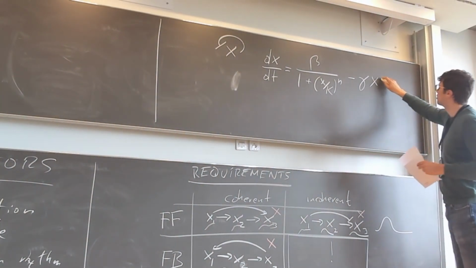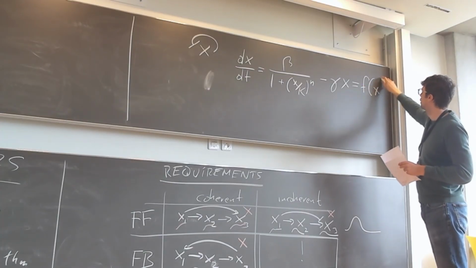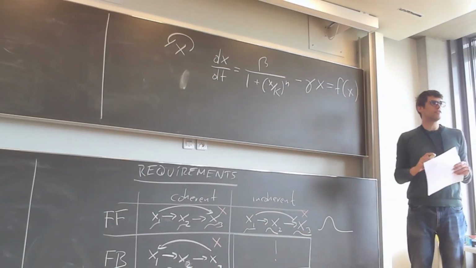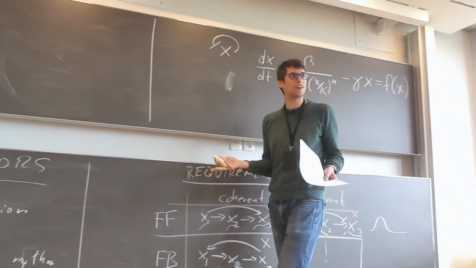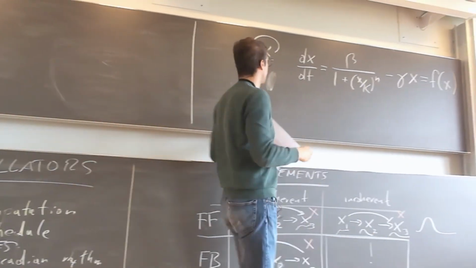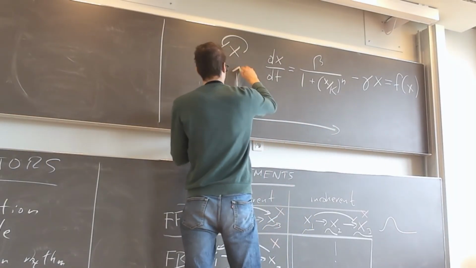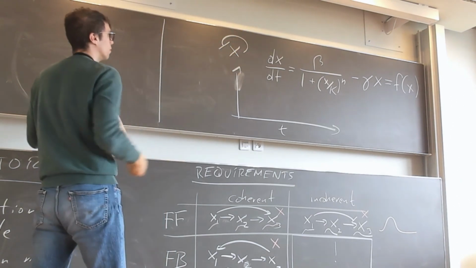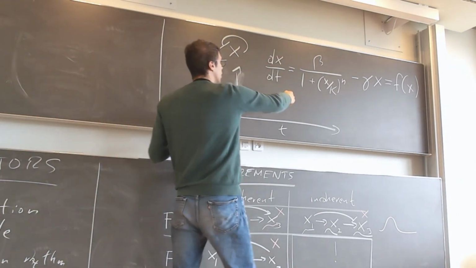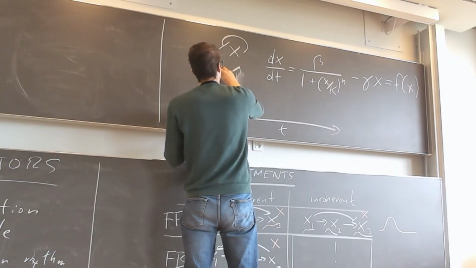Maybe it would make it easier if I generalize the problem. Let's put any function f here. Of course, this already suggests that it's impossible because it doesn't even matter what the function is. Let's say this is time. The solution of this ordinary differential equation, either in this form or the general form, and let's say this is x.